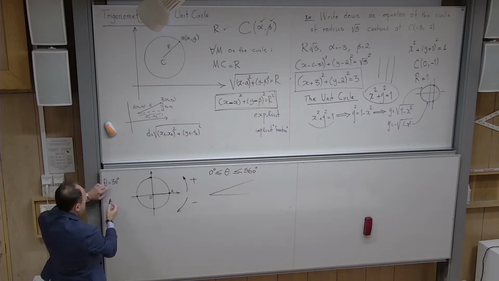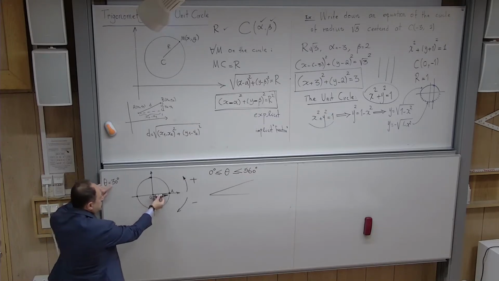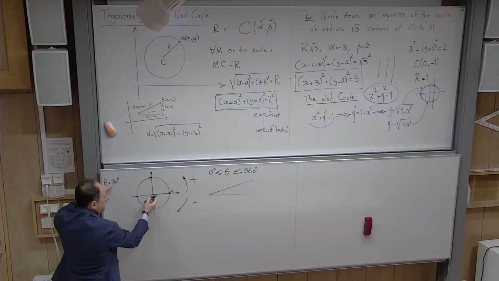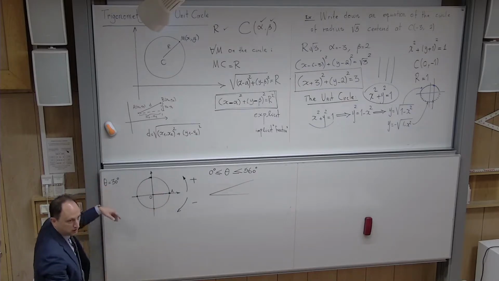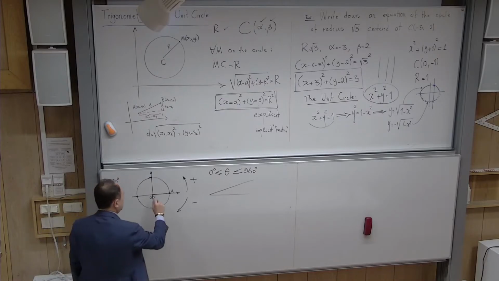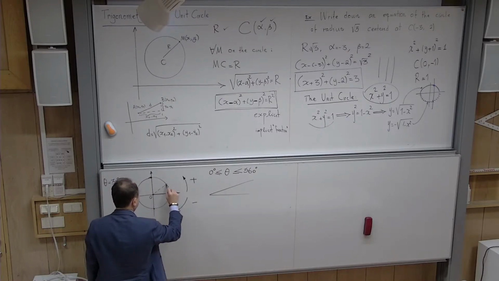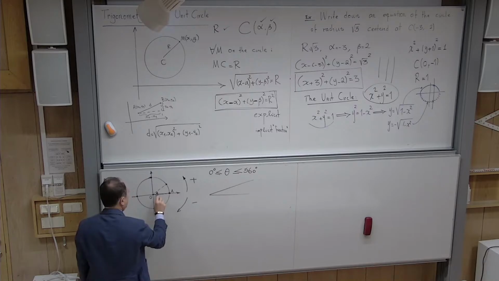So here 30 degrees is positive. So I start from here, I have to rotate about the origin in the positive direction. How much? 30 degrees. Then I will end up at the point, for example, here. This is 30 degrees, okay?